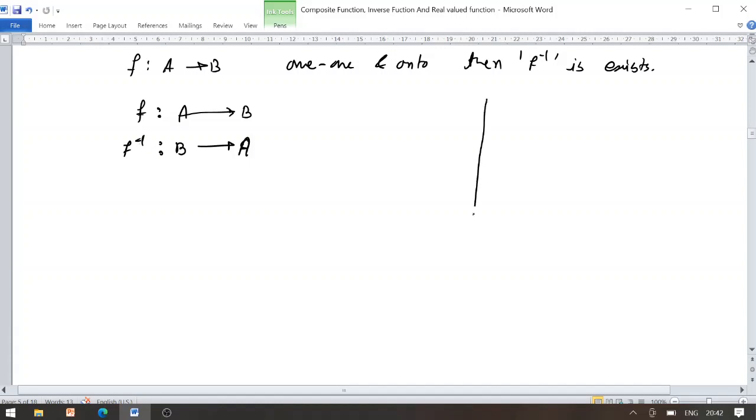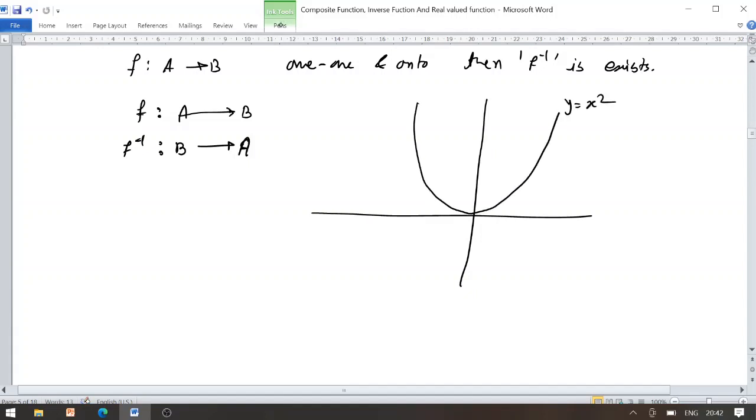Look at their graphical representation. Suppose we have a curve having the equation y equals x square. So for finding the inverse of this curve, it might look like this.